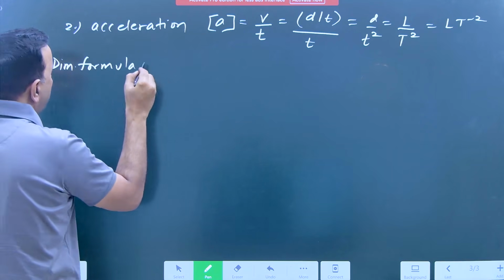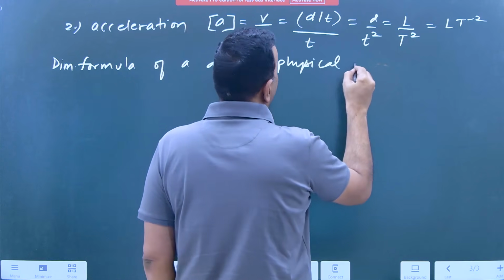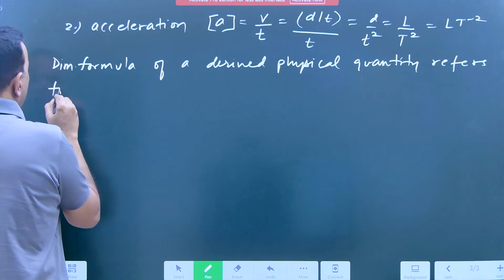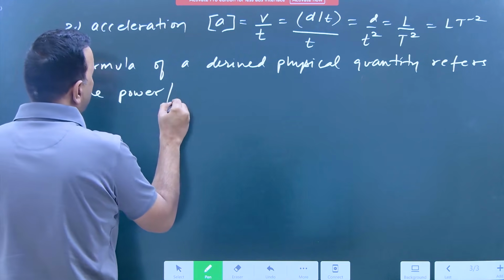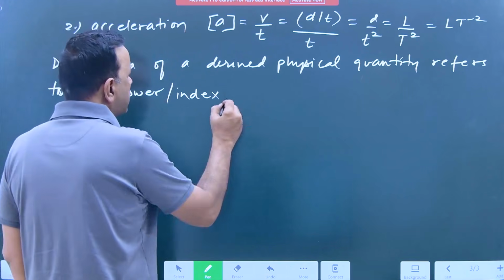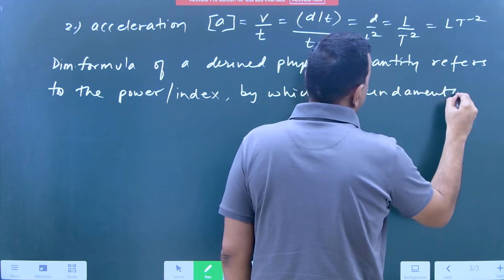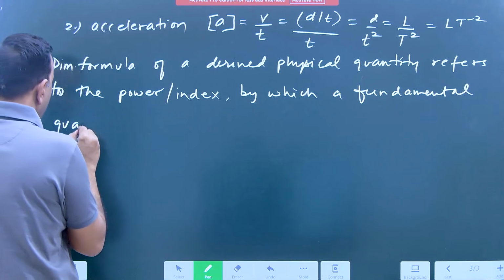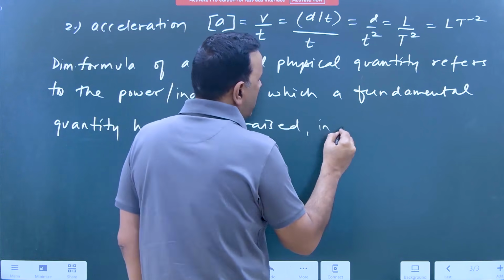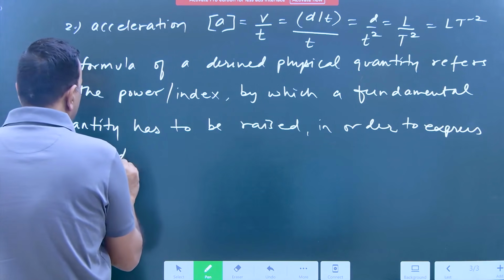So, dimensional formula of a derived physical quantity refers to the power or index or exponent, whatever word you use, by which a fundamental quantity has to be raised in order to express that derived quantity.